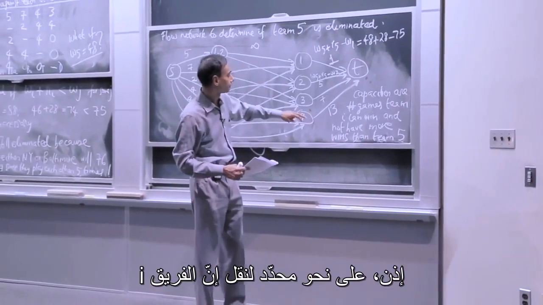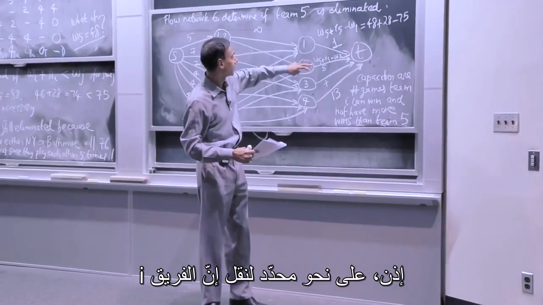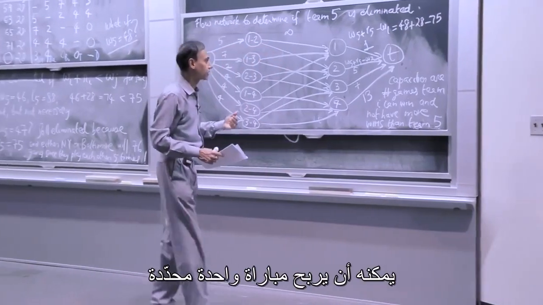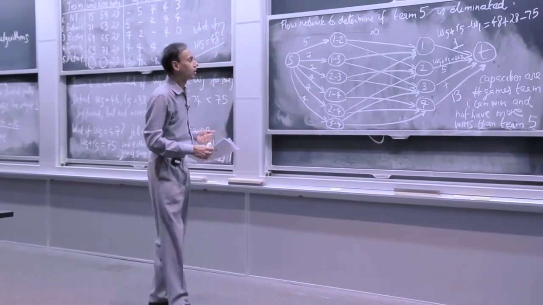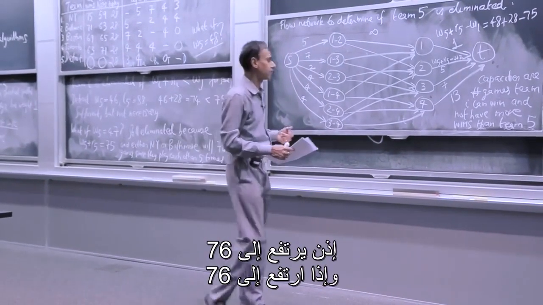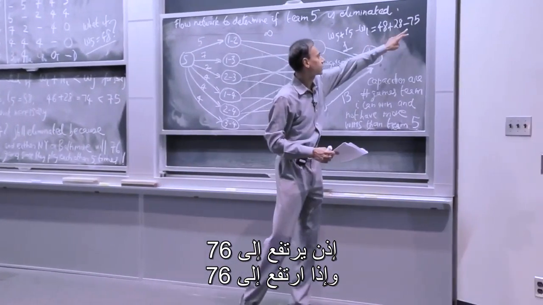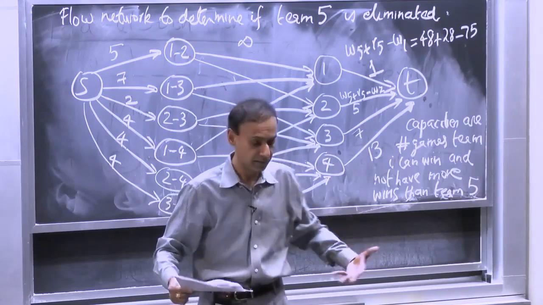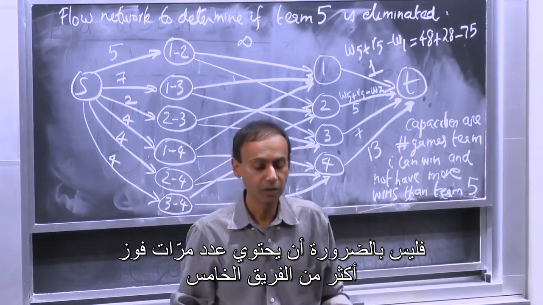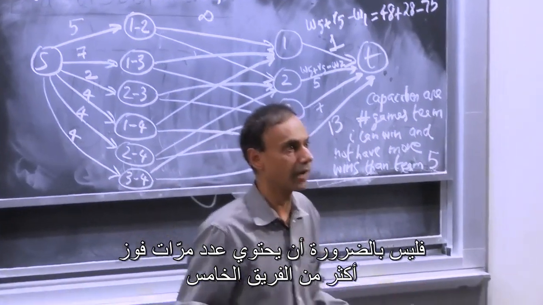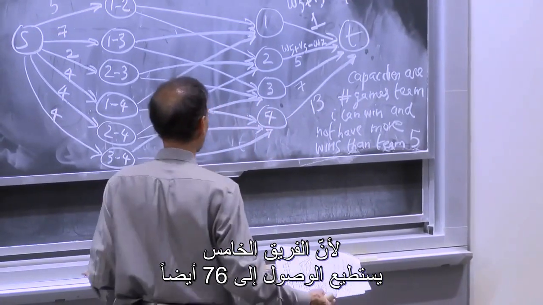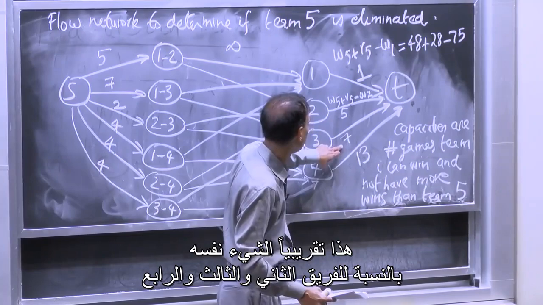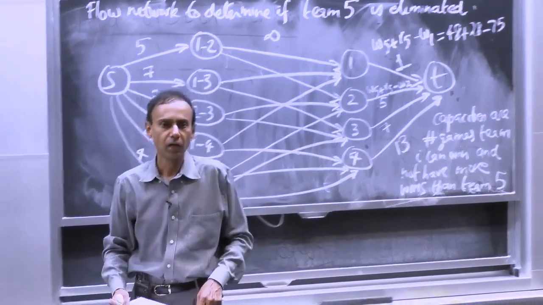So let's say that team I wins one particular game. So it goes up to 76, and if it goes up to 76, it does not necessarily have more wins than team 5, because team 5 can go up to 76 as well. Right? That's pretty much it. And the same thing for team 2, team 3, and team 4. Okay?